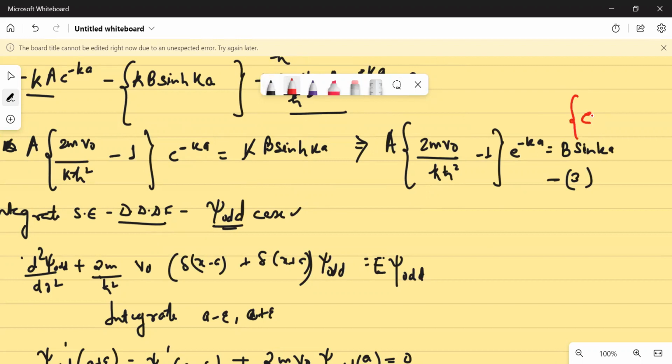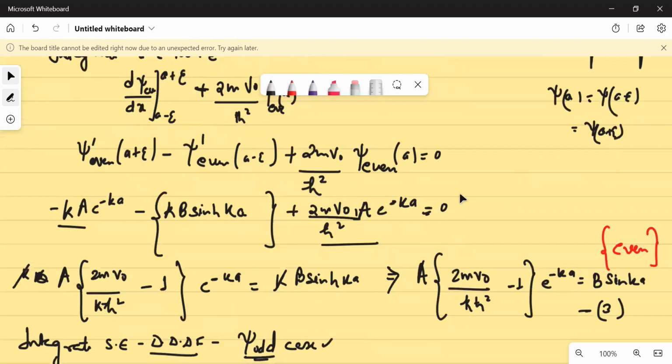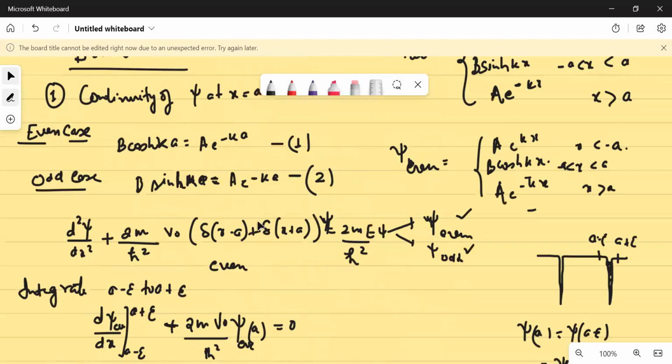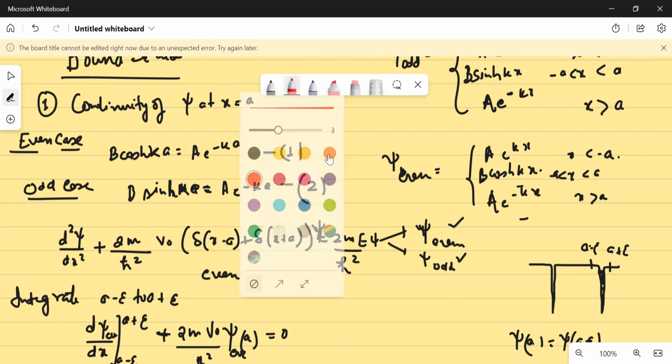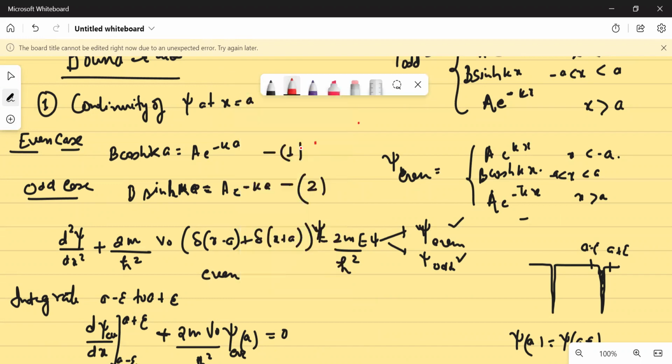This is a solution for the even wave function. And did something come for even? Okay, here it is. This is the solution for even. So this is my even solution and this is my odd solution. Okay. So the even solution's continuity derives from the even case.